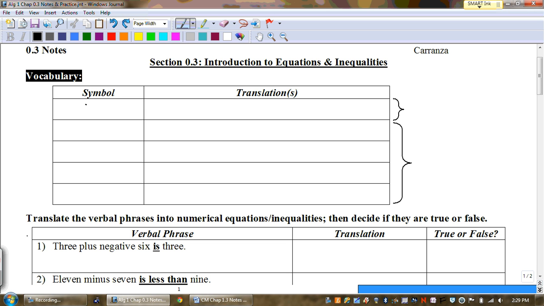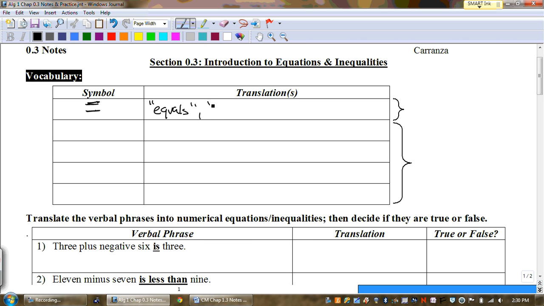Okay, let's make sure that sign looks perfect. Now this one right here, you'd be like, Mr. Grice, I know what it is. That's the equal sign. Well, congratulations, you're correct. But there are two other ways that you can say that.